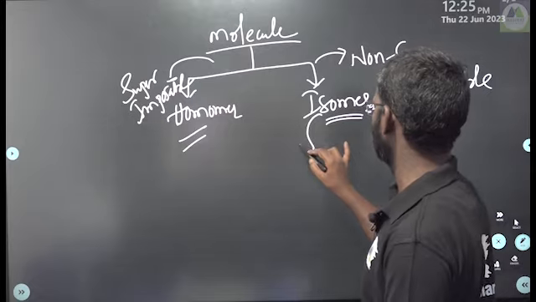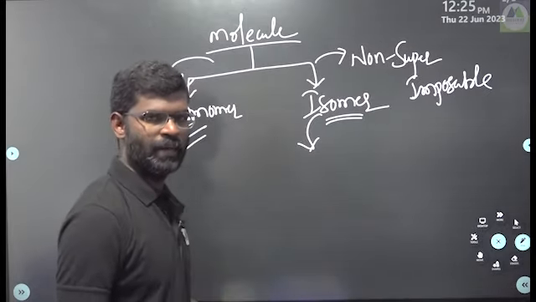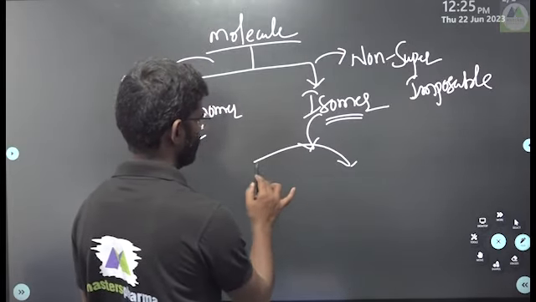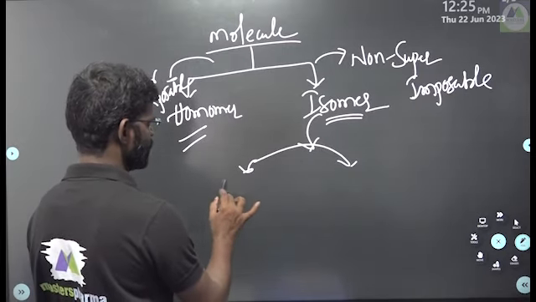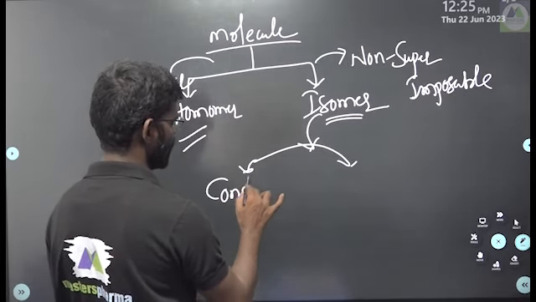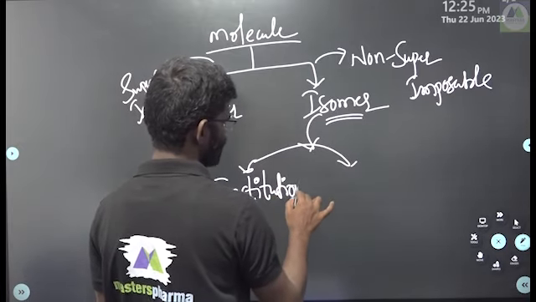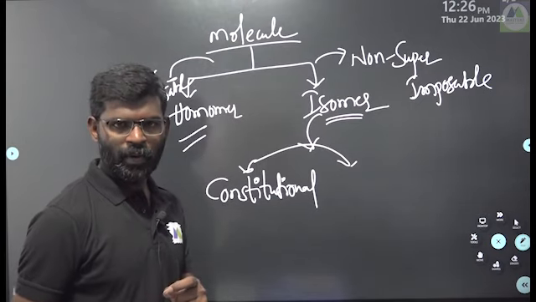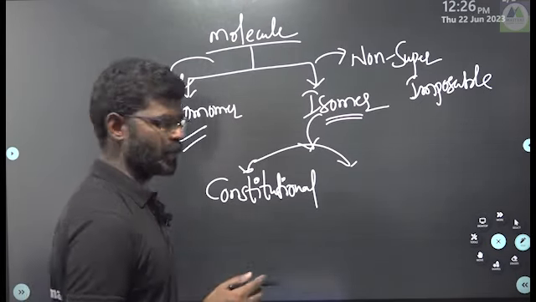So isomer has the same molecular formula, different arrangement. That arrangement is of two types. The first is constitutional arrangement, which concerns carbon-carbon bonds, straight chain, ring compounds, or whatever the compounds.